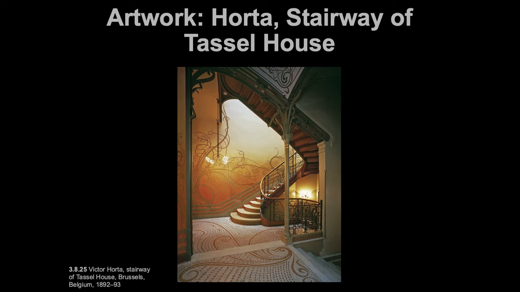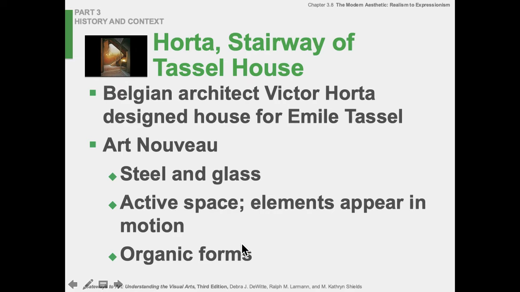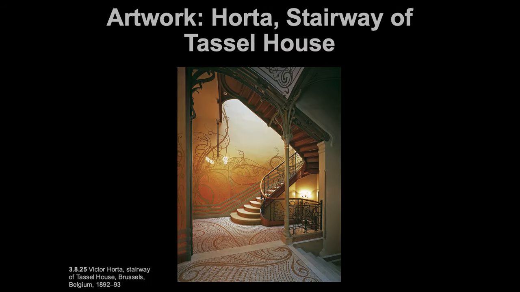Okay, so Horta designs this house, and this becomes sort of the height of Art Nouveau, and the idea that the steel and glass could be made into organic shapes. So here we have steel structured buildings like the Eiffel Tower happening.